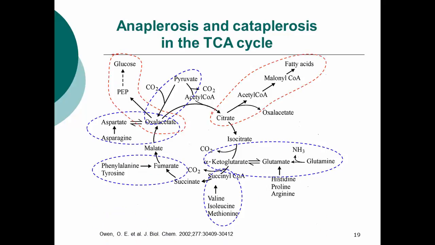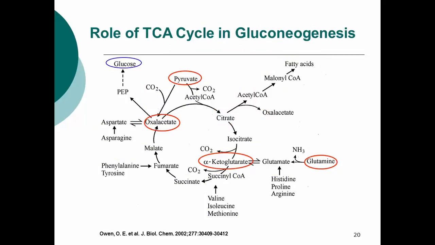I don't want to repeat this, but you just want to know which process is cataplerosis and which is anaplerosis. So let's just say the role of the TCA cycle in gluconeogenesis involves anaplerosis and cataplerosis processes, right?